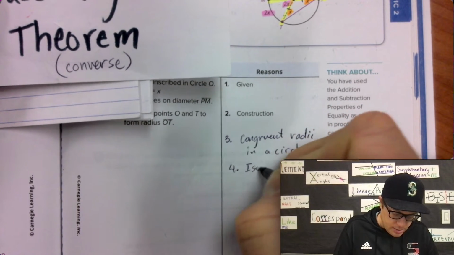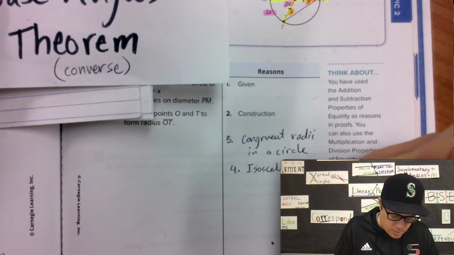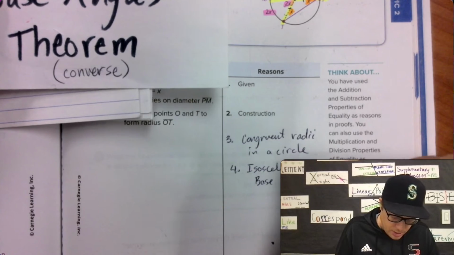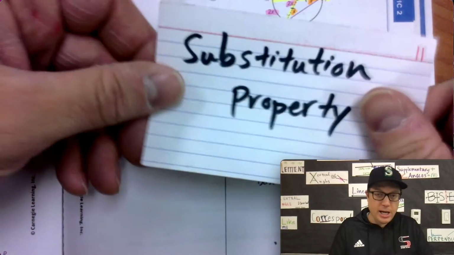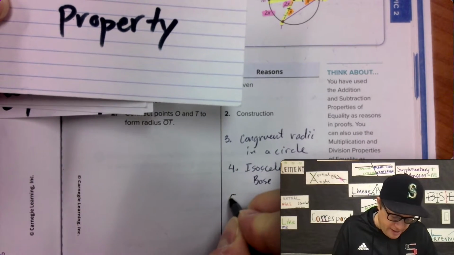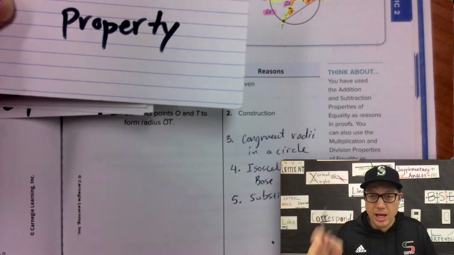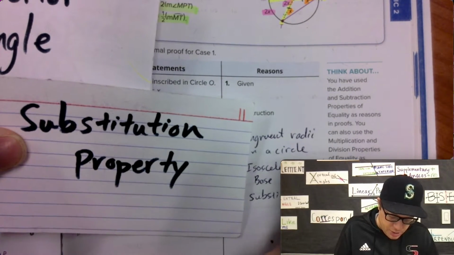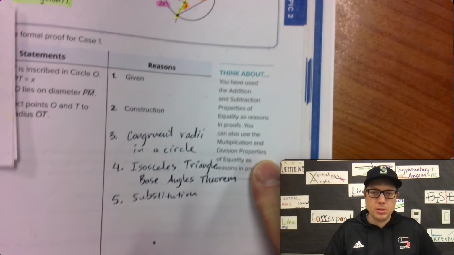Isosceles triangle base angles theorem. Then I'm going to say this one for statement number 5, substitution. Remember, that was like you put an x on the other angle since you know the angles are the same. Substitution. Let me slide up my notes. Put the cards over here.